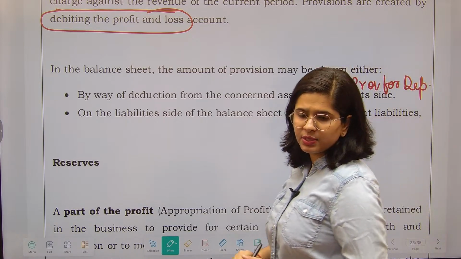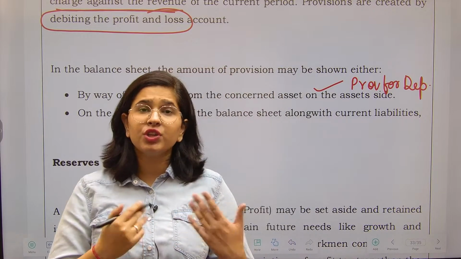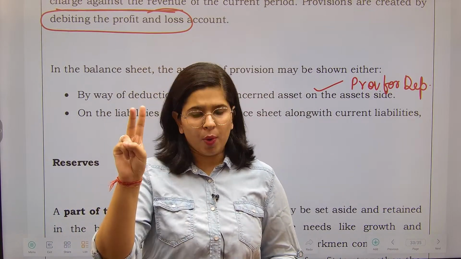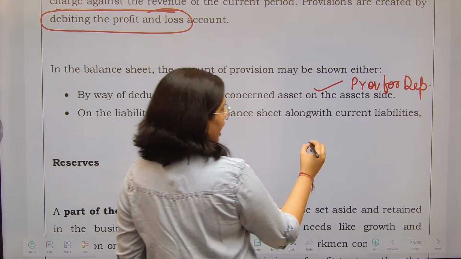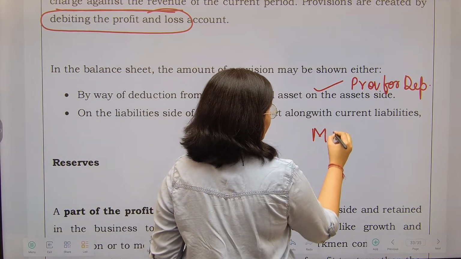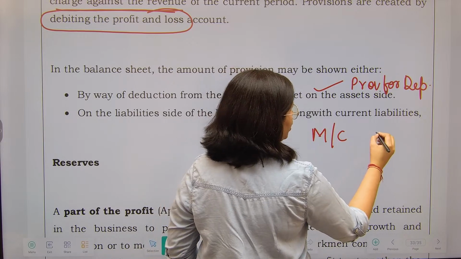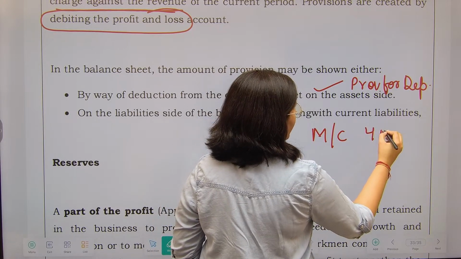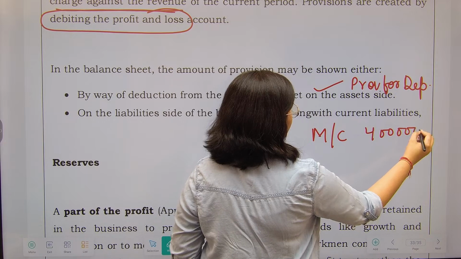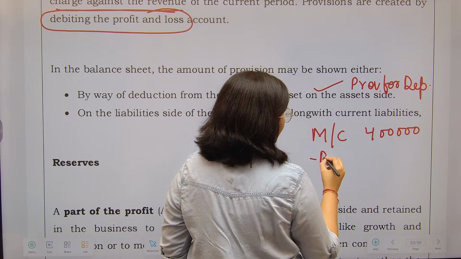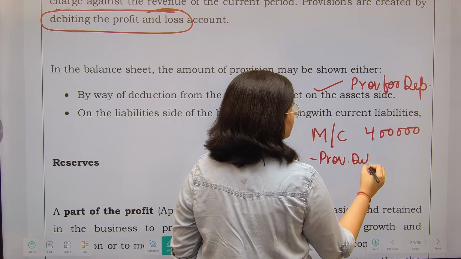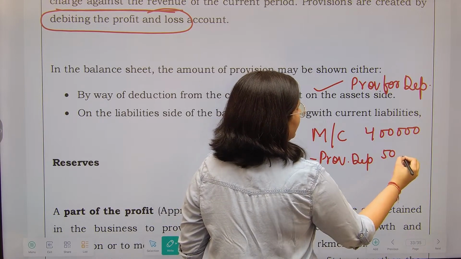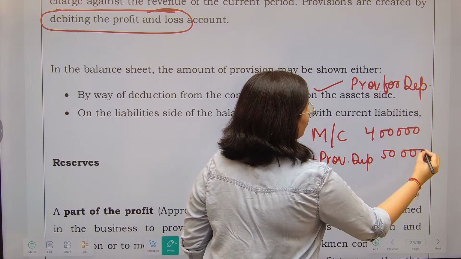Suppose I have made this provision for depreciation for my machinery. So I have two options. Number one option, on the asset side, wherever machinery is written, suppose 4 lakh is written in the form of machinery, I will deduct provision for depreciation of 50,000. Like that I can show.